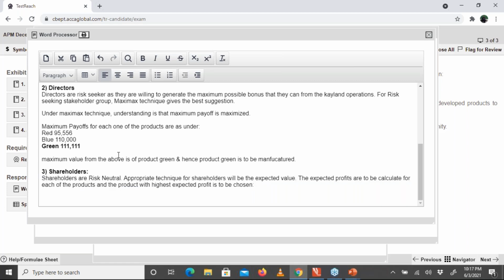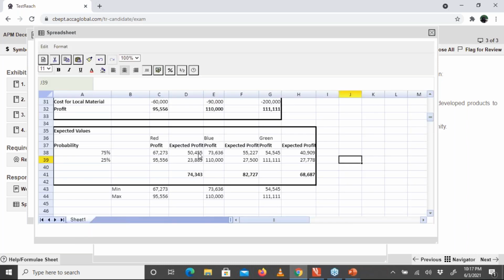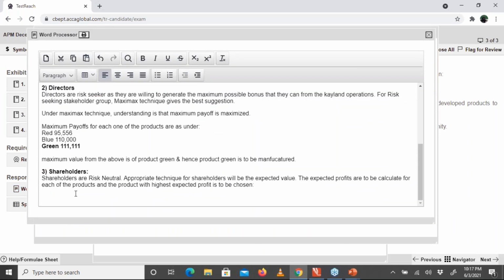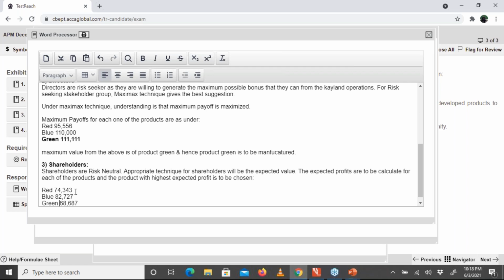This would actually mean that you would say, okay, what are the expected profits? This, and this. Okay, this is red. This is blue. And this is going to be green.